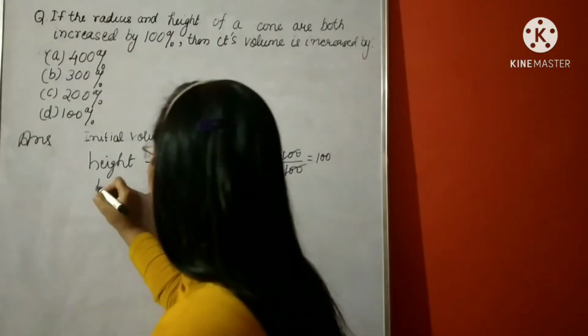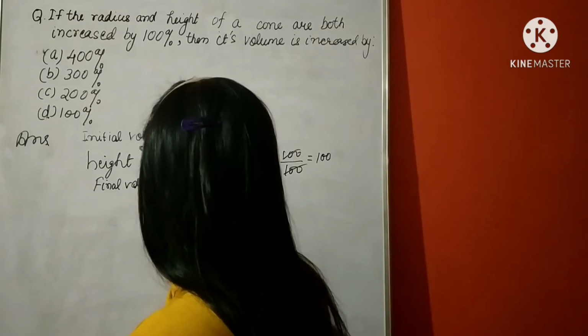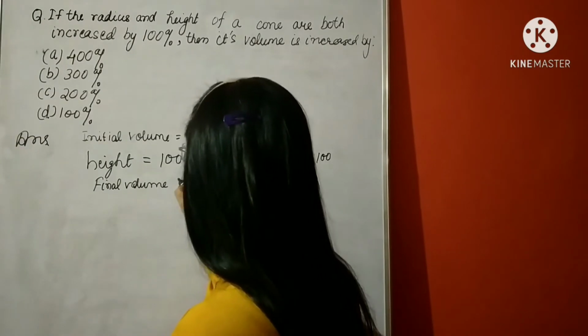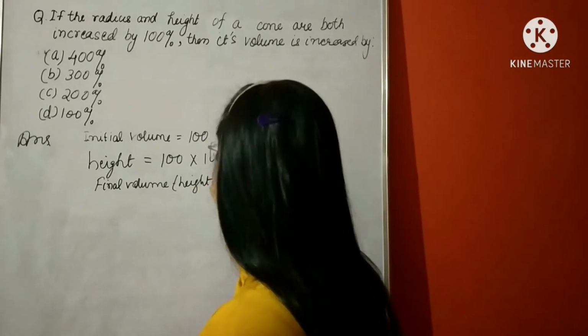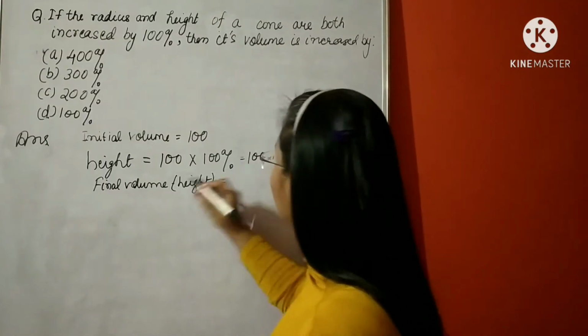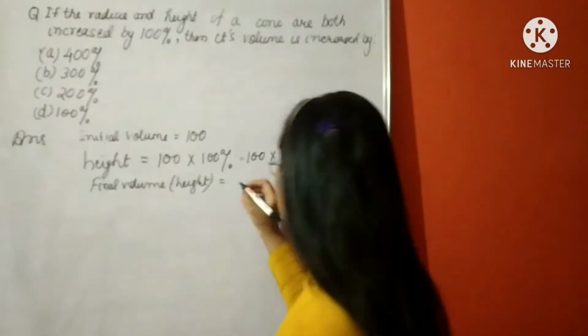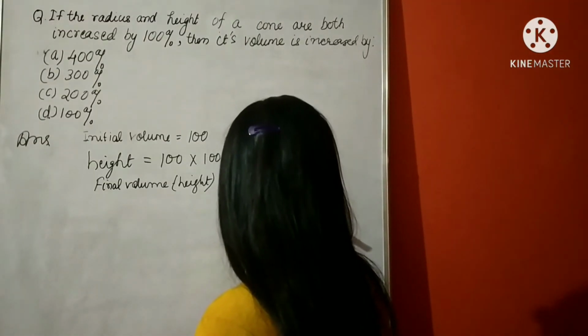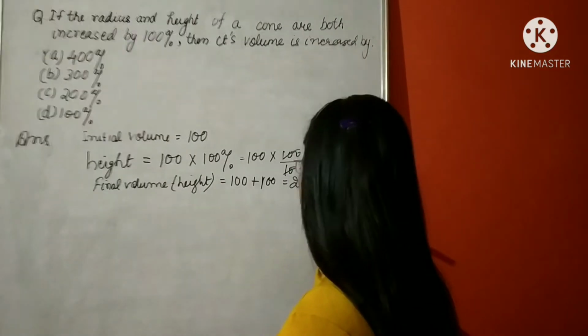So now the final volume, when we are considering the 100% increase in height, we will have to add the increase to the initial volume. So it is 100 plus 100, so it is 200.